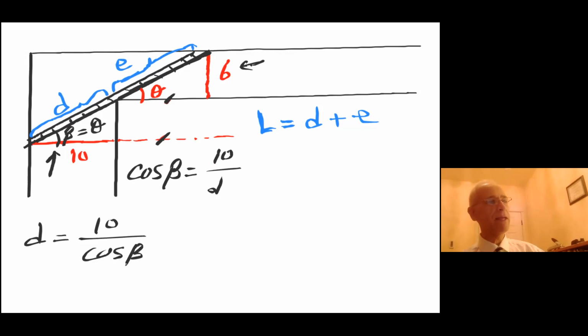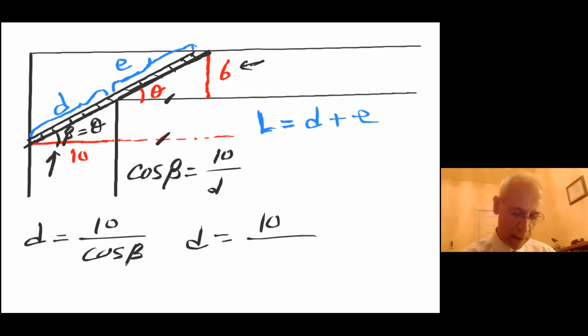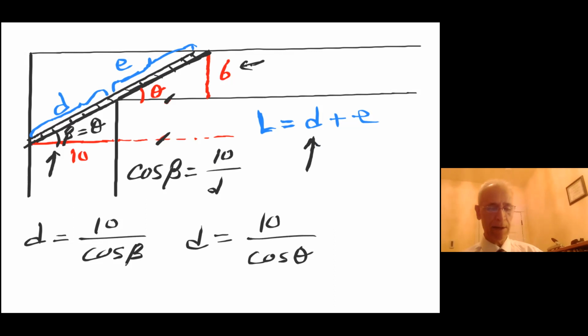But since theta and beta are the same size, I can make that substitution and say that D equals 10 over cosine of theta. So that can substitute in here.